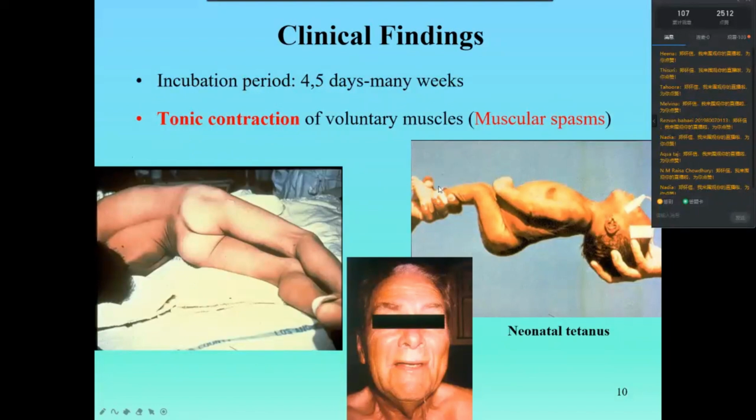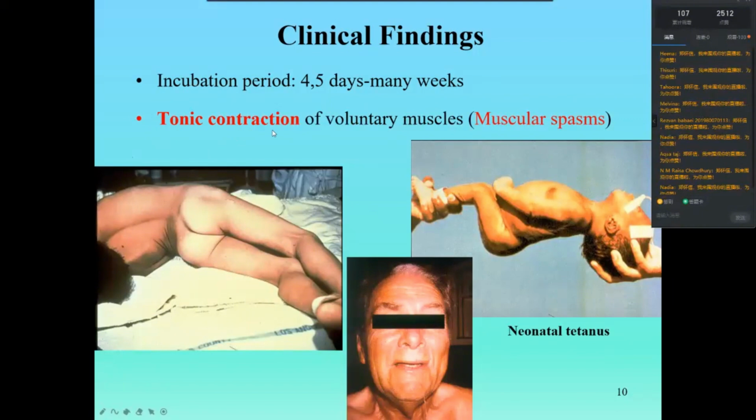And here are the clinical findings. The incubation period might be 4 to 5 days to many weeks. So it varies. If you have a patient coming in showing the symptoms, you should ask the patient to tell you their injury history, going back a long time, to figure out whether it's due to some tetany infection.